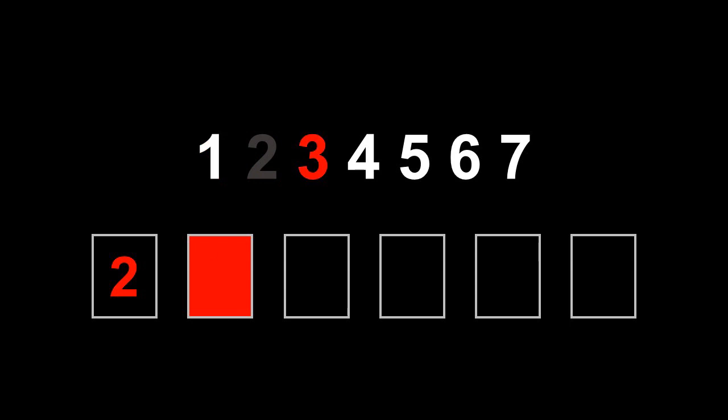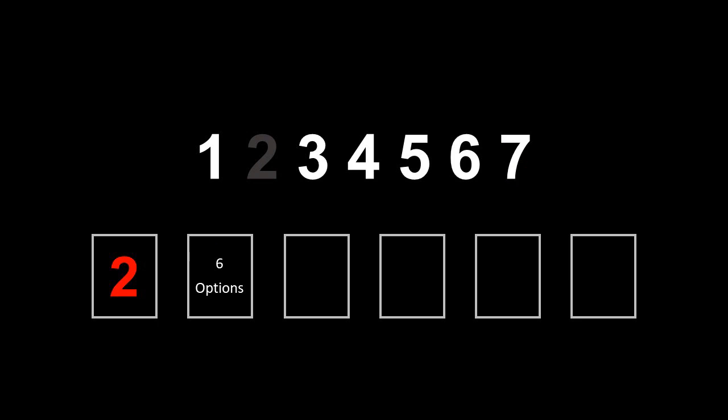So if 1 is used in the first box, it cannot be there in the second box. So for the second box, we'll have 2, 3, 4, 5, 6 and 7. So we have 6 options here. When we take 1 in the first box, we have 6 options. If we take 2 in the first box, we'll again have 6 options.